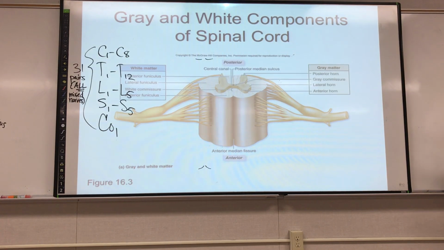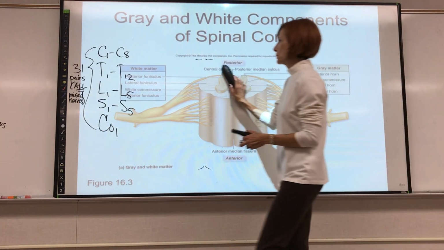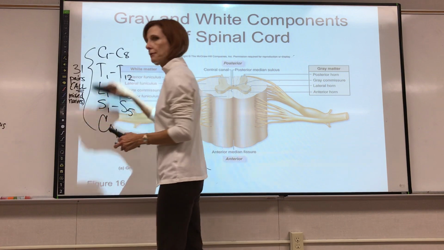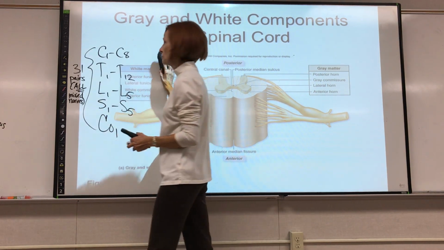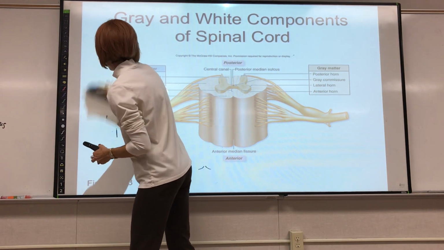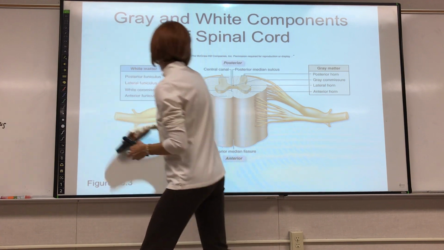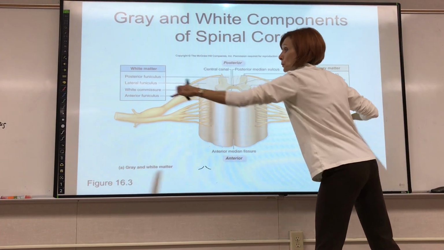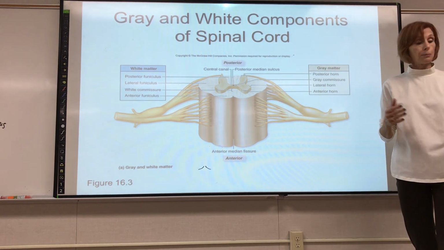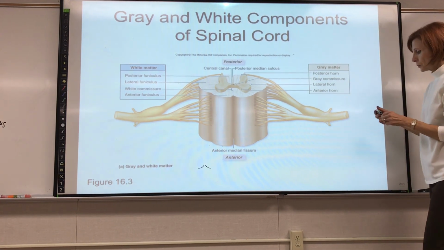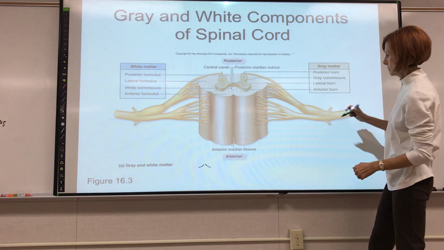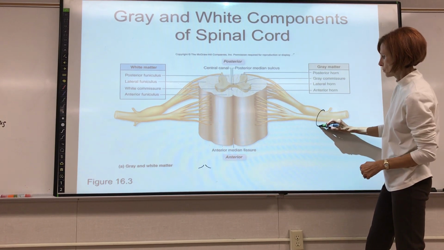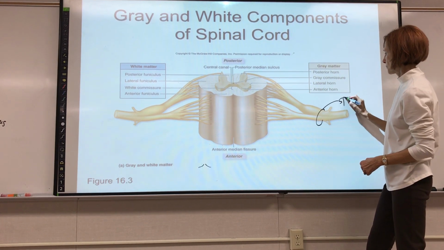Okay, so going back to this one, or whichever one you're looking at. You guys have this? Okay, so you can see here, what's going to come out between the vertebrae is the spinal nerve. So where would that kind of be located? This right here is the spinal nerve.